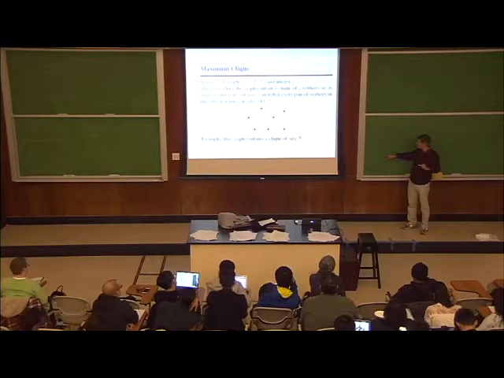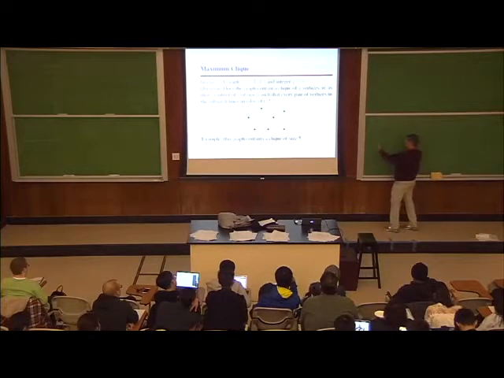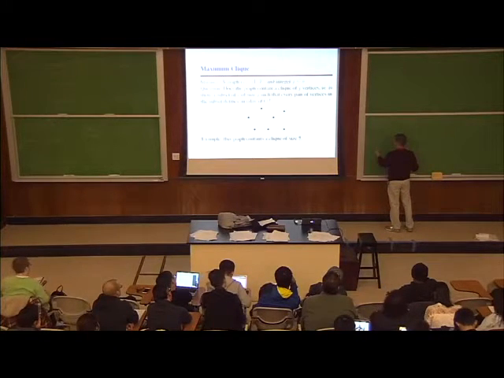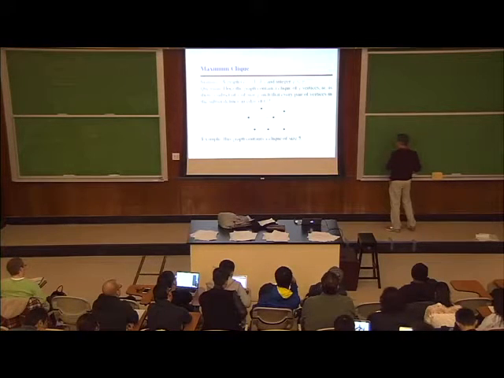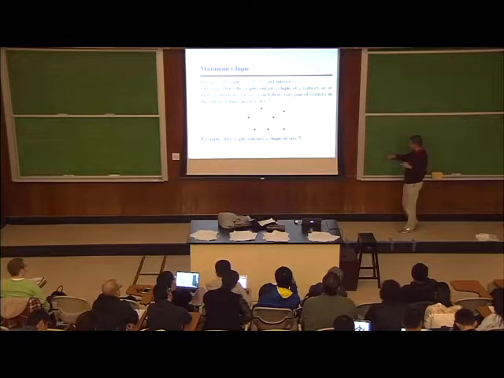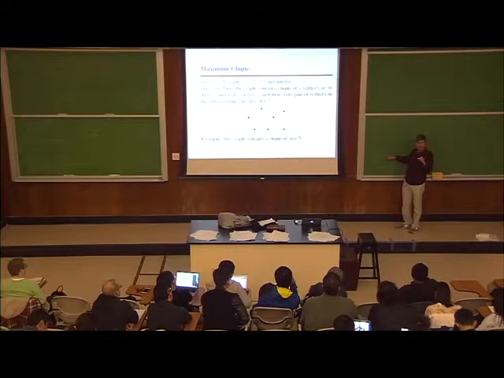Now, the size of my original graph was n, n is equal to 8. My clique size, K, is equal to 5. What is the largest independent set in this graph? Does everybody see that it's still 2? Okay, do you agree with this?